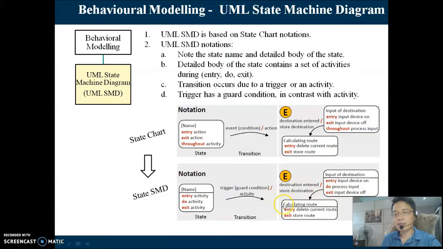destination to calculating route. Now, when the state of calculating route is achieved, at the point of entry, at the point of the state being triggered, the system is going to delete the current route.